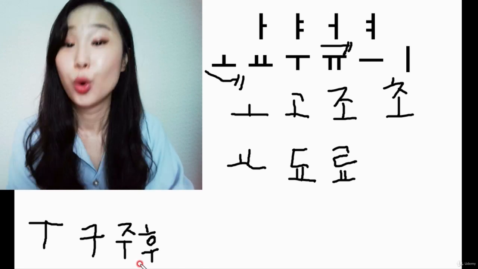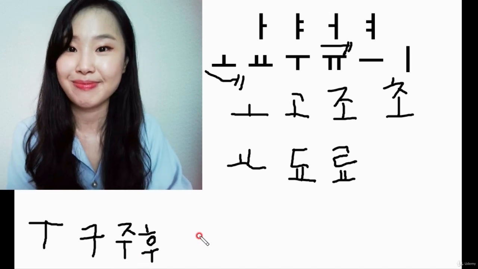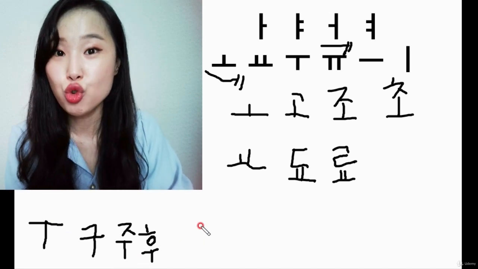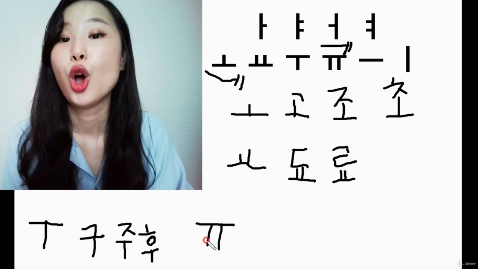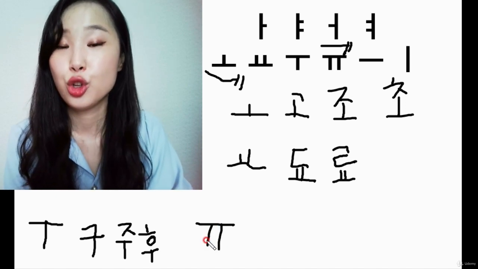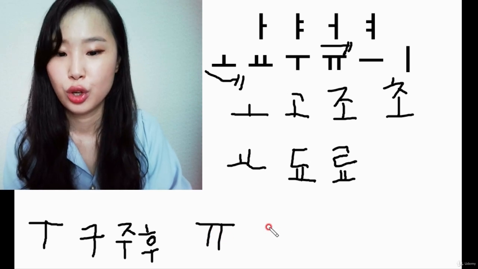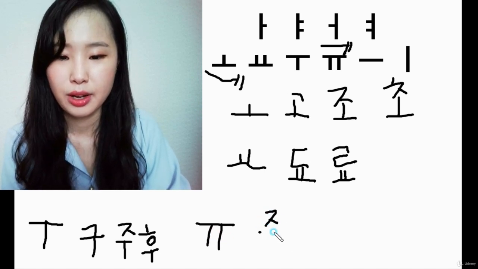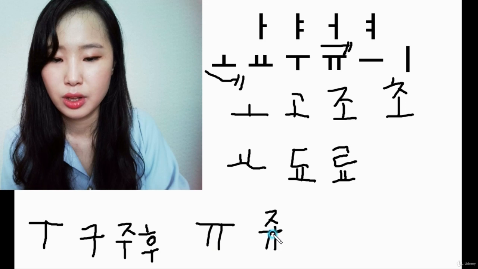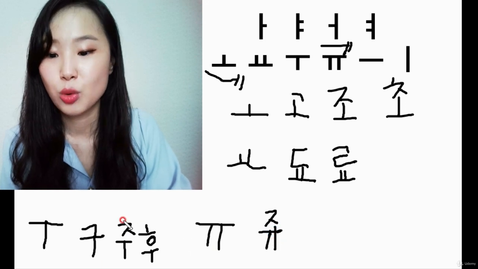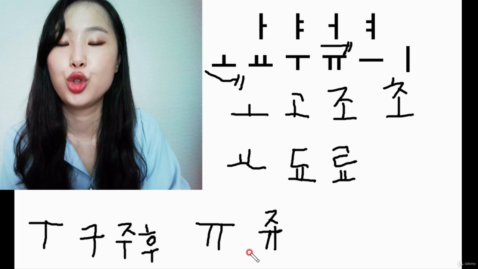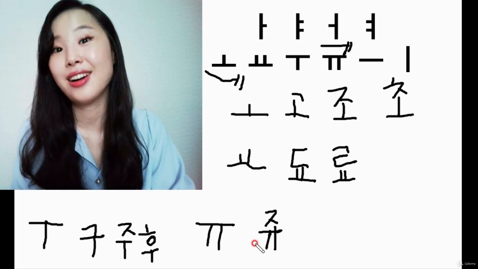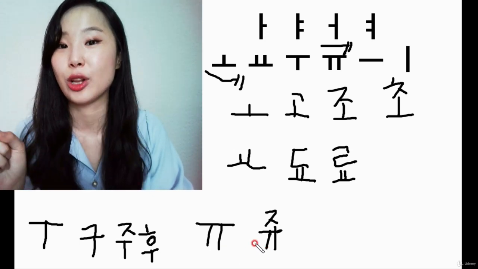Hu. And this is the oo sound with 2 lines. This is the yu sound, yu. So what about this one? Yes, this one is Jyu. My dogs' names are Manju and Gongju.